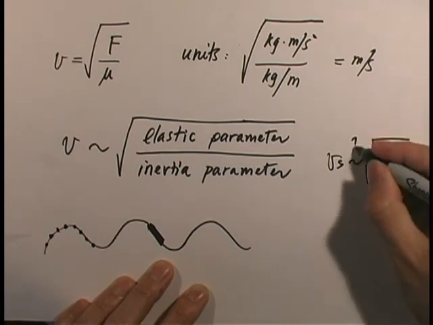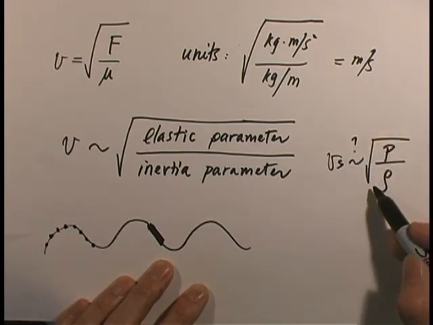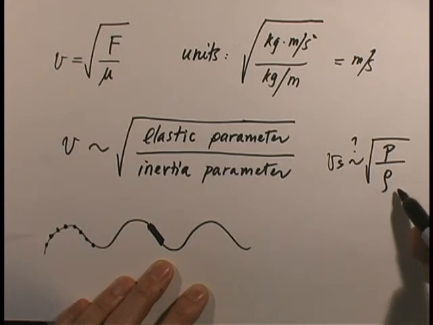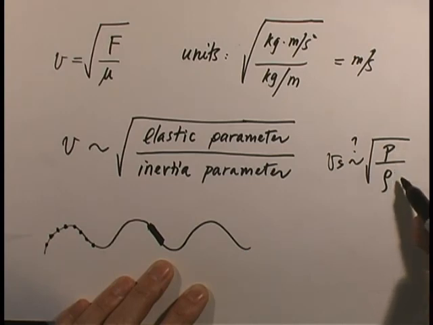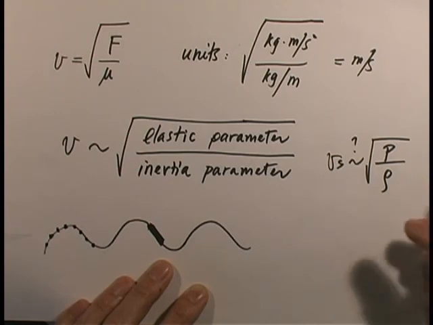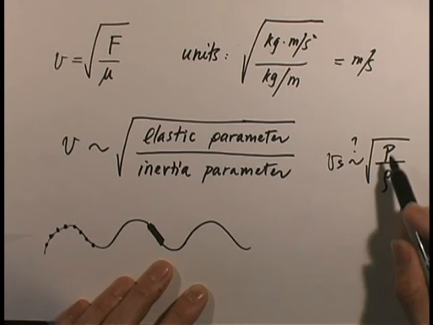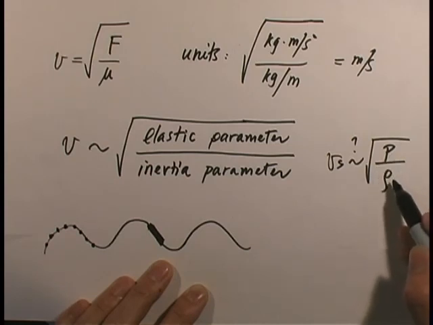Okay, we don't know, of course. It is, however, a very good educated guess. And you can even see for yourself that the units of the square root of p over rho are actually correct. It gives you meters per second. Okay, is this a coincidence? We don't think so. As a matter of fact, when we do a mathematical derivation for the speed of sound in air or in any elastic medium, we can find something very close to that.